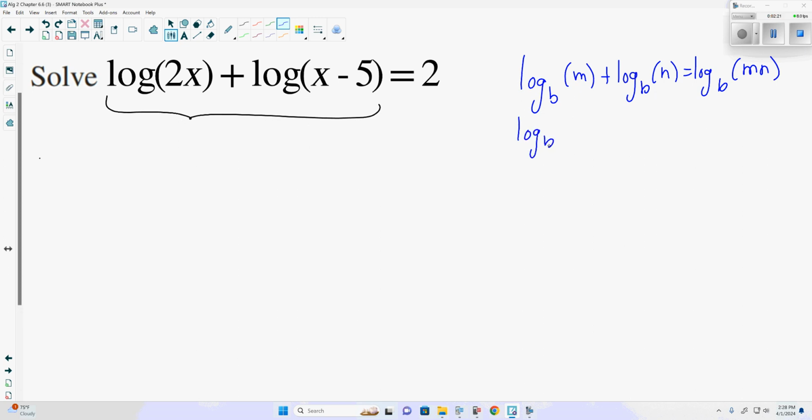This also goes along with our quotient property, except instead of multiplying, we divide. If we have two logs of the same base being subtracted, we can rewrite them as a single log with what's inside being divided.